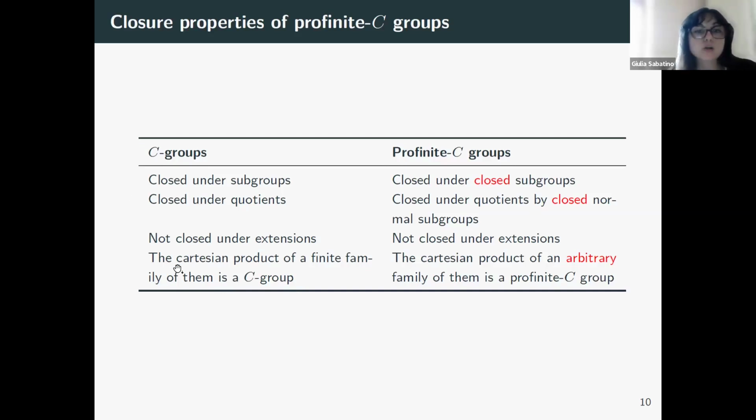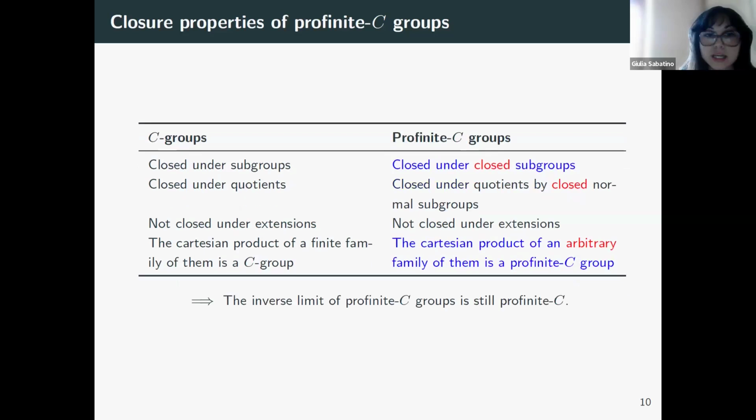While C groups are closed under forming the Cartesian product of finitely many C groups, the Cartesian product of an arbitrary family of profinite C groups is still profinite C. In particular, the two closure properties that you can see in blue imply that the inverse limit of profinite C groups is still profinite C. This is because such an inverse limit can be seen as a closed subgroup of a Cartesian product of the same profinite C groups involved in the inverse limit itself.